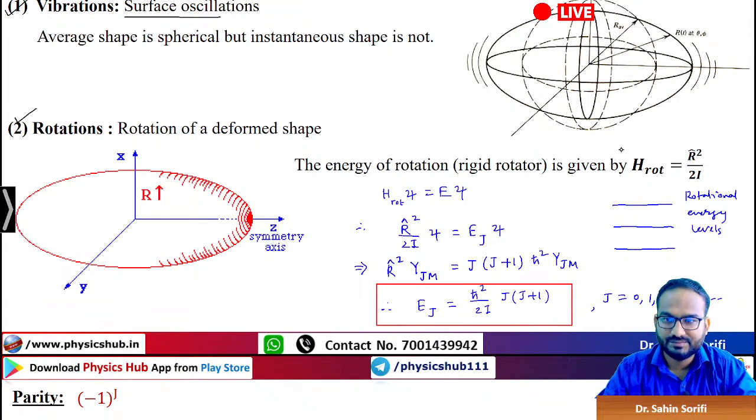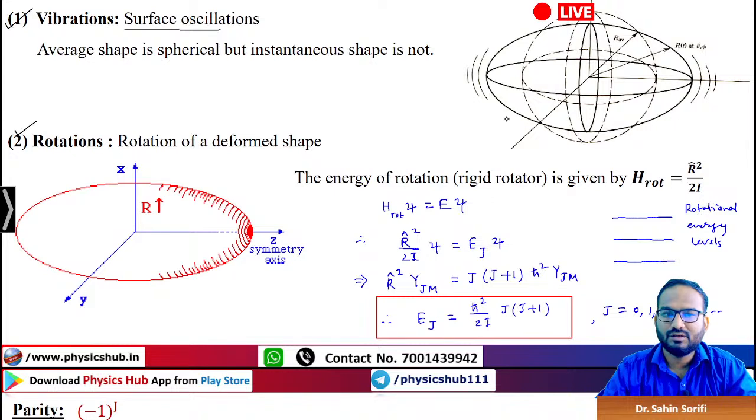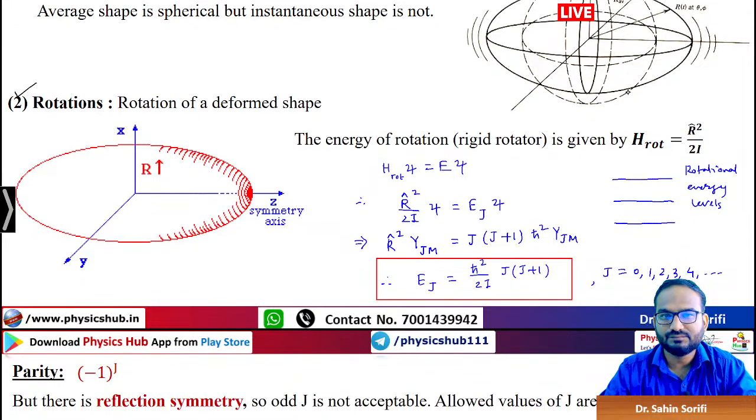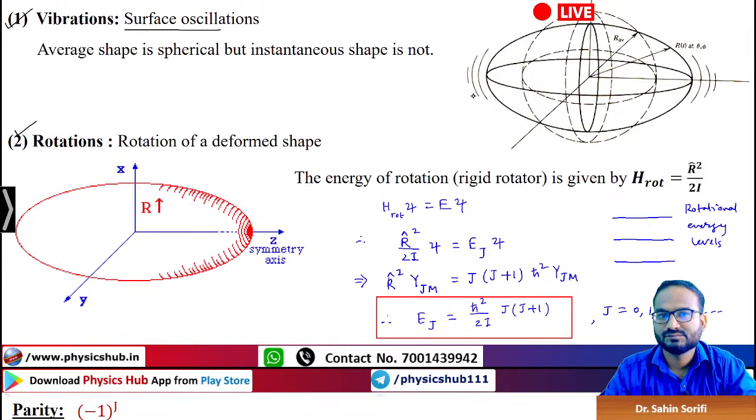Vibration, does it give oblate? No. For rotation, we will consider whether it is oblate or prolate. For vibration, we do not consider whether it is oblate or prolate; it is not related.